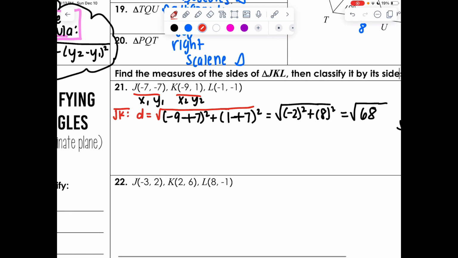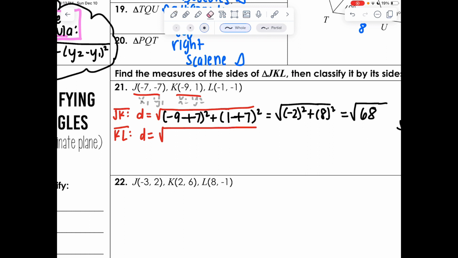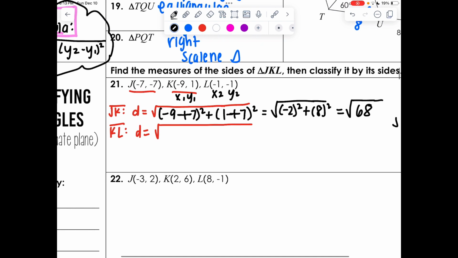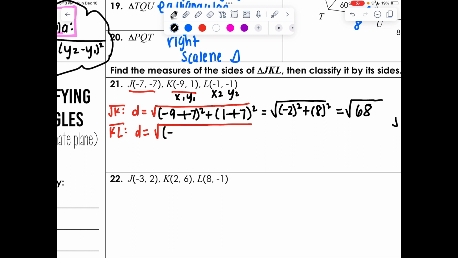We're going to find this distance now between K and L. KL. I'm going to erase this now because now I want my K and L to have x1, y1, x2, y2, and I'm going to do x2 minus x1. So -1 minus -9 squared plus -1 minus 1 squared equals the square root of.